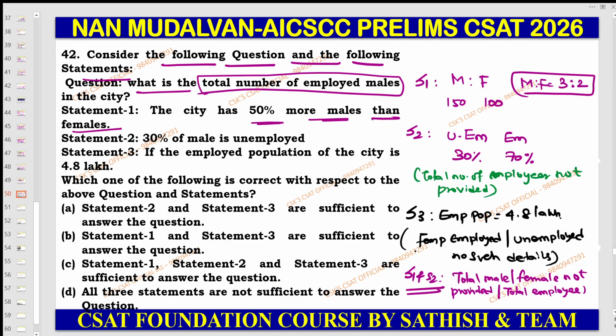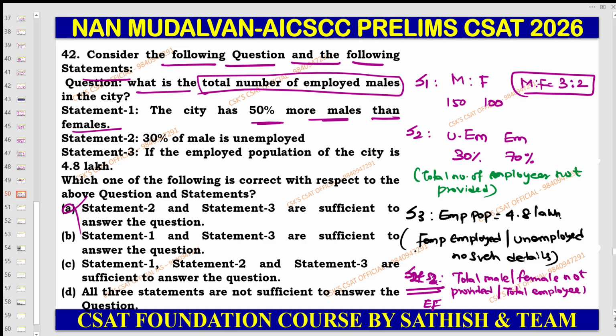Here we know 30% of the males are unemployed, but there is no detail about the total female or employed female. Not knowing the total employees or the total employed female, with 2 and 3 you can't find out. So you can eliminate this one.